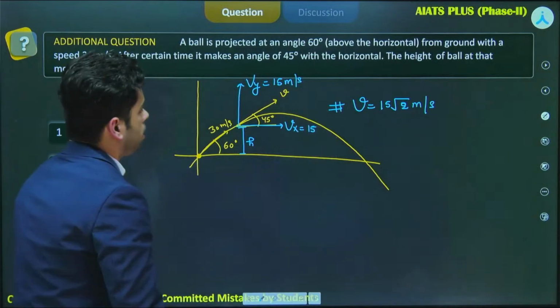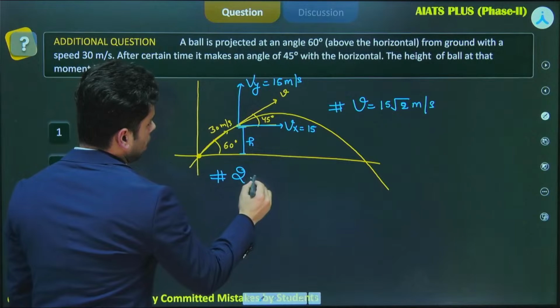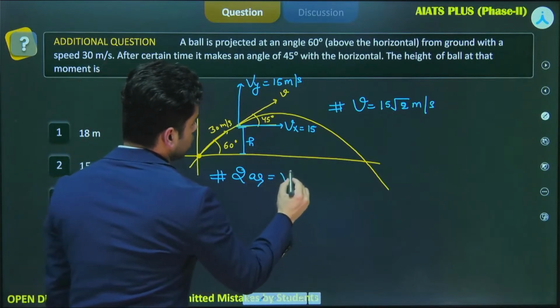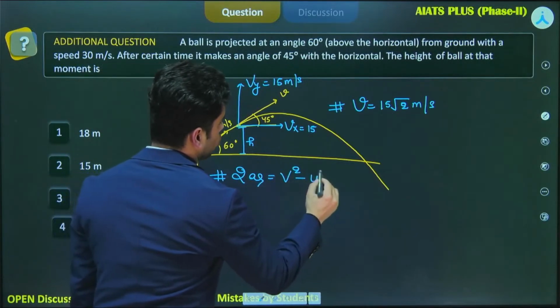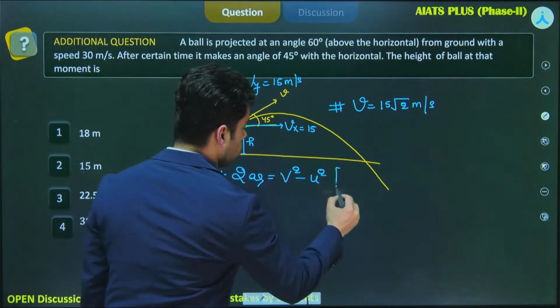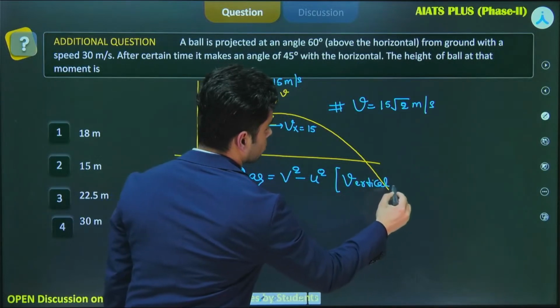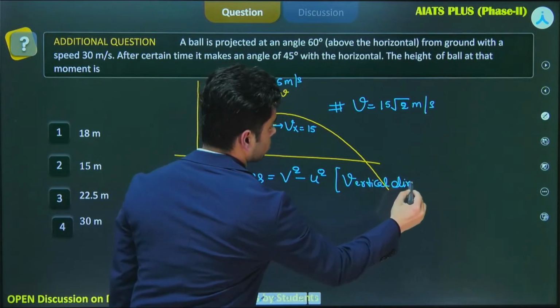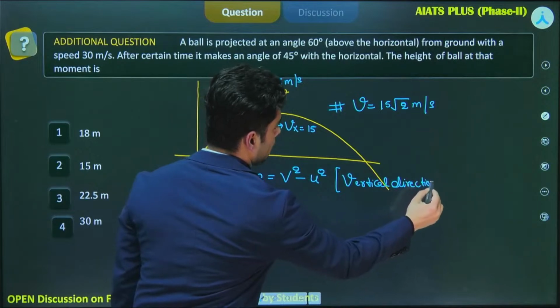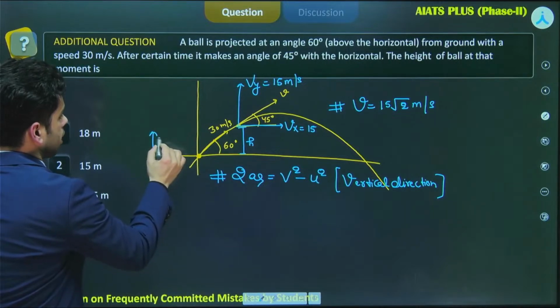Now we can use the equation 2as equal to V square minus U square, right? I'll use this equation in vertical direction. And I'll take upward direction as positive.